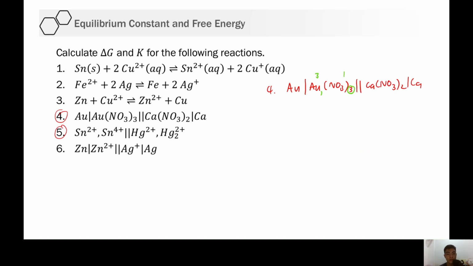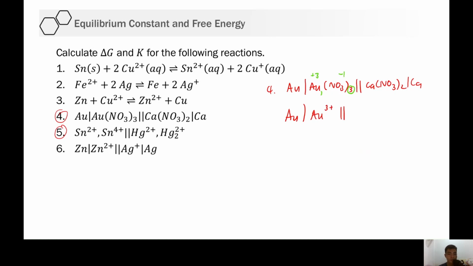Since gold is a metal, the 3 will be positive, and that means -1 for the other species. So we can simplify this as Au single line, Au3+. Then we have the salt bridge.